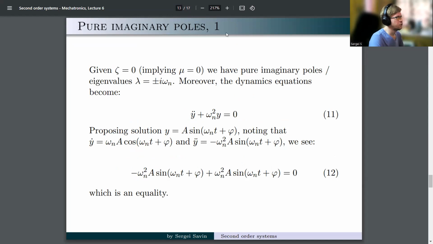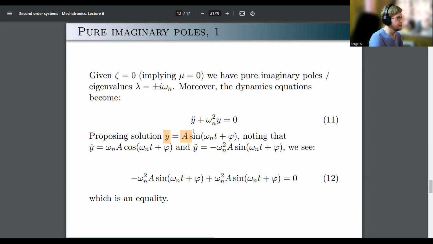Now we can propose a solution of this form: y is equal to A sine of omega t plus phi. I just propose that this is the solution.